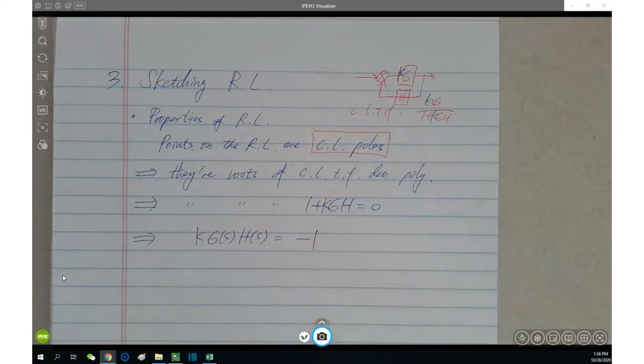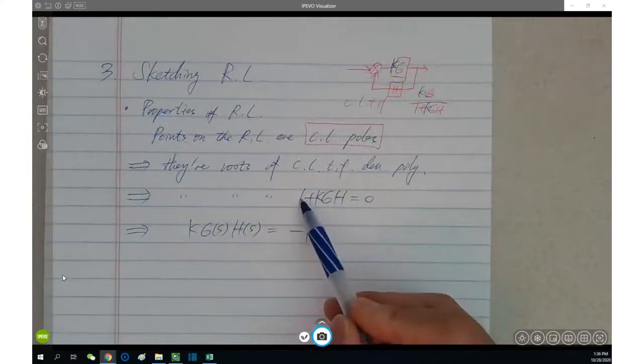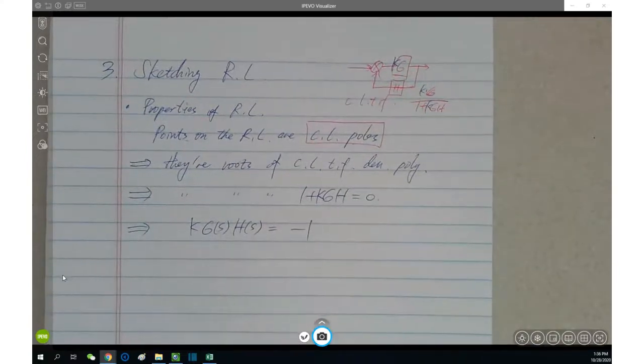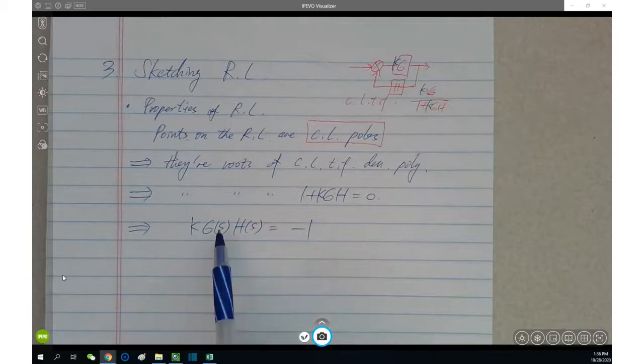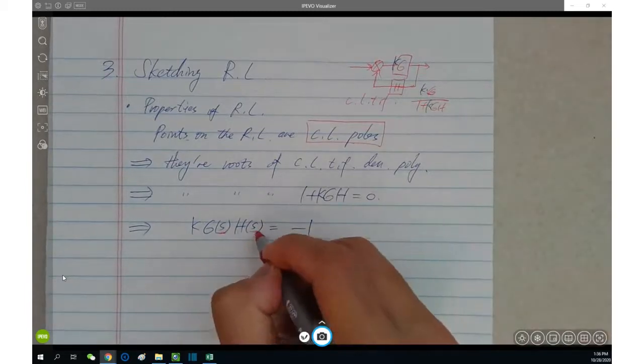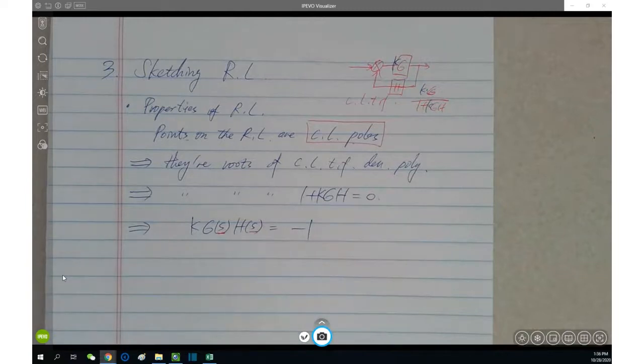This is a conclusion we can receive. How about that? Simply moving one to the other side of the equal. And the G and H are, remember, in terms of S. We are talking about a frequency domain, S domain, transfer function, of course. And the function of S equals -1.